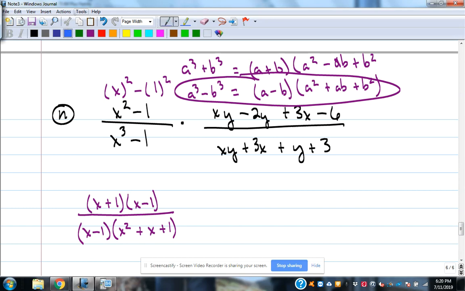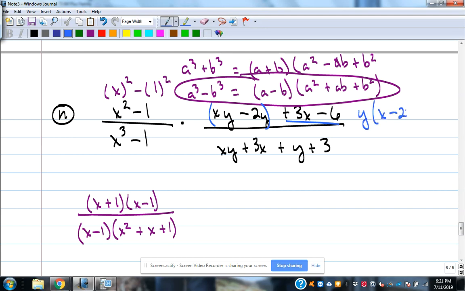Now, the other fraction is a whole bunch of grouping. So we're just going to group and go from there. I'm going to group the first two, second two. First pair on the top, xy minus 2y. What's in common between those two? Well, they both got a y, right?